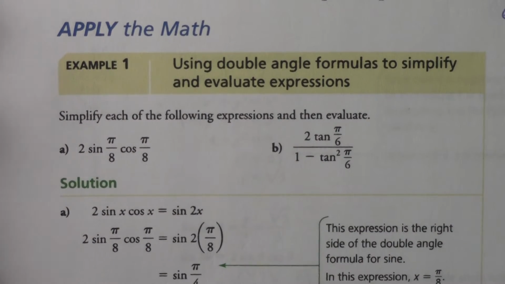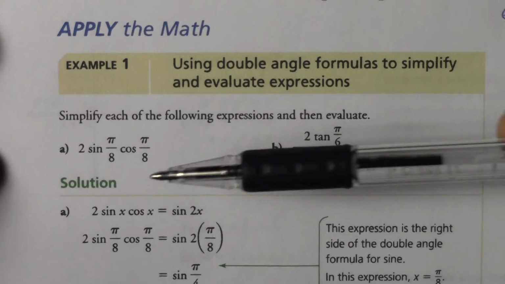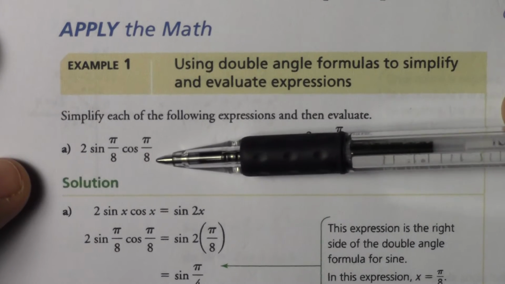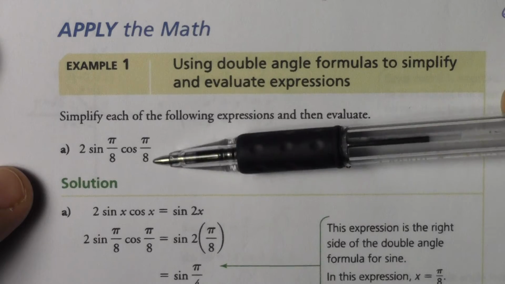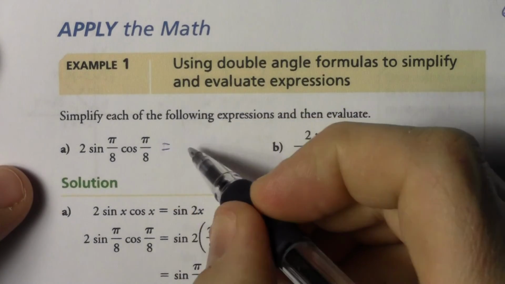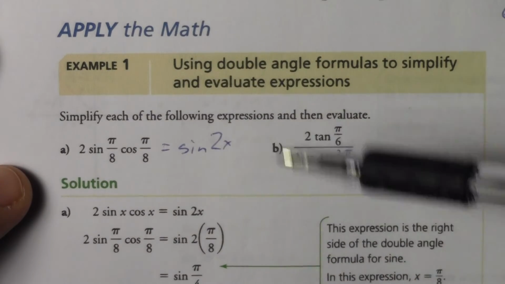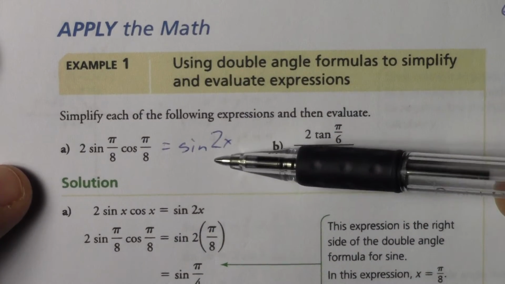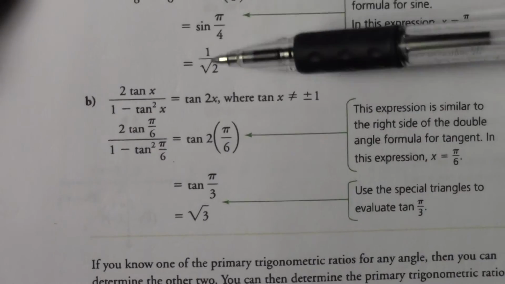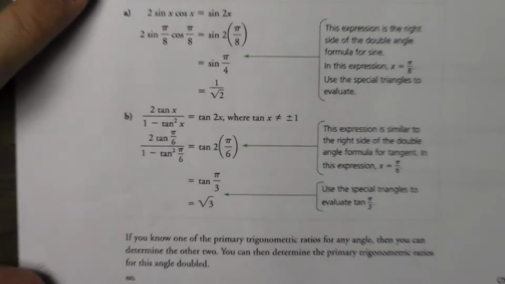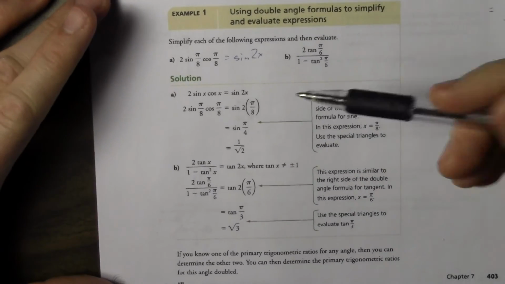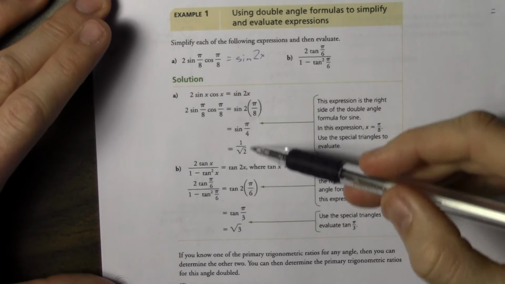Simplify each of the following expressions and then evaluate. So, quite a lot easier now. This is our double angle formula for sine 2x, right? We know that this is equal to sine 2x, where x is pi over 8. So all we do is substitute pi over 8 in for x and solve.